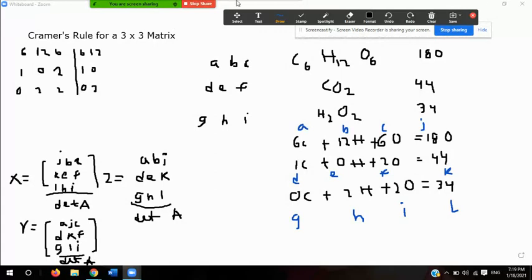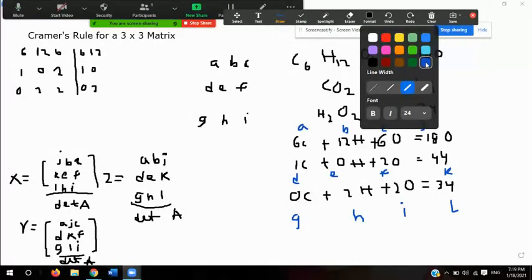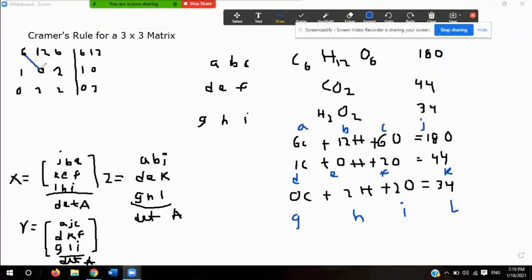What I'm going to do real quick is change the color. If we're looking for the determinant, we say 6 times 0 is 0. And of course, 0 times 2 is also 0, so that would be 0 here. Plus, we do the same thing. 12 times 2 times 0 is also 0.